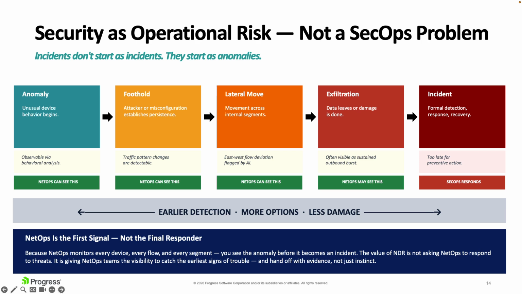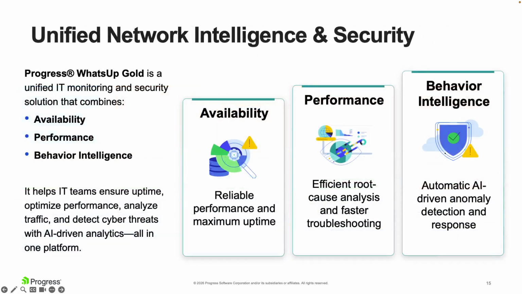So again, the key reason why we are introducing this behavioral intelligence within our solutions is to reduce tool sprawl by integration, as the trends I mentioned at the beginning suggest, but also to bring the teams closer together.